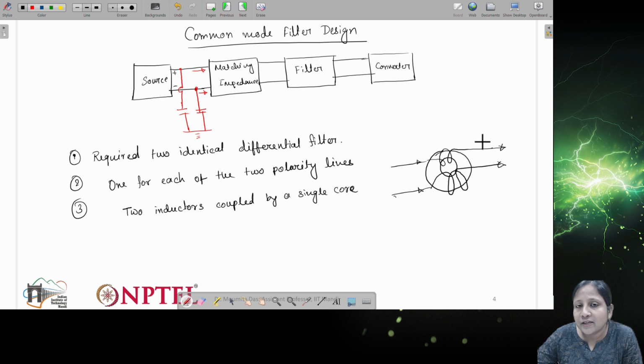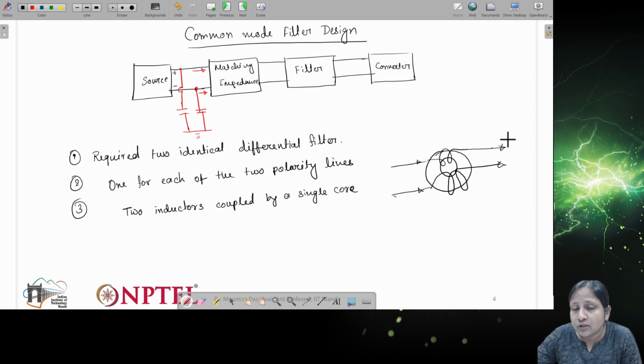If there is a noise present, then only the net flux will be non-zero, and it will be attenuated by the mutual inductance of this particular choke. If the common mode noise in an ideal system is zero, the net flux due to the two different polarity lines will be zero.